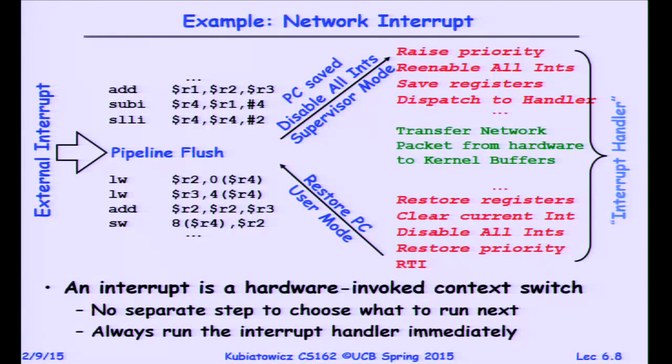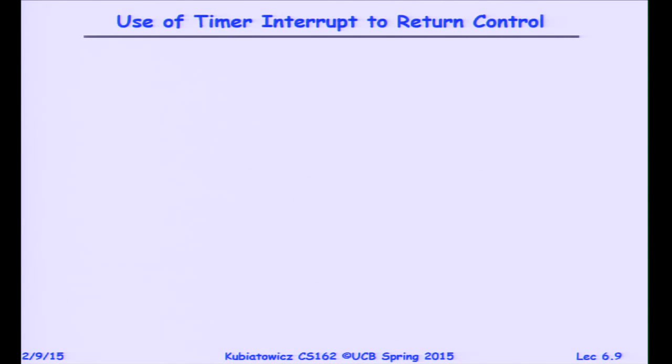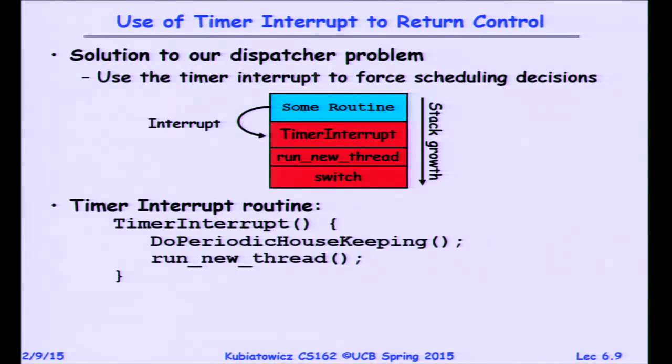And what about that interrupt? Well, I'm saying it's a network interrupt, but it could be a timer interrupt. And the timer interrupt is going to do something for us. Like, for instance, it could return control to actually do the switching that we mentioned earlier. So we're busy running. The interrupt happens, which again ends up looking like a procedure call onto the kernel stack, which then maybe calls run new thread and switch.